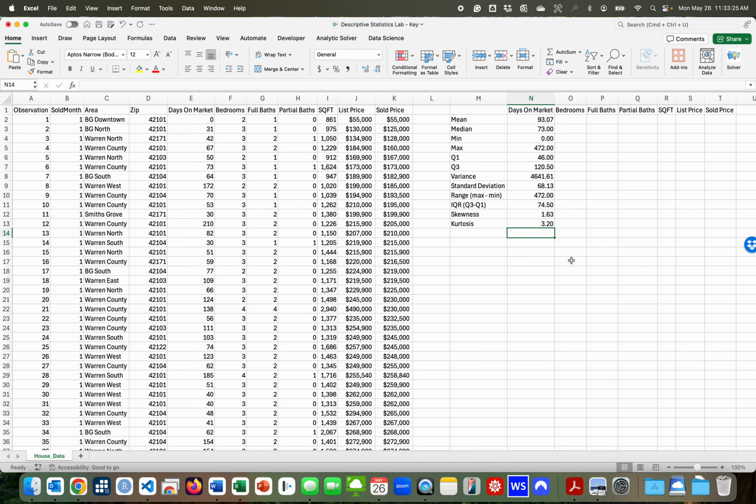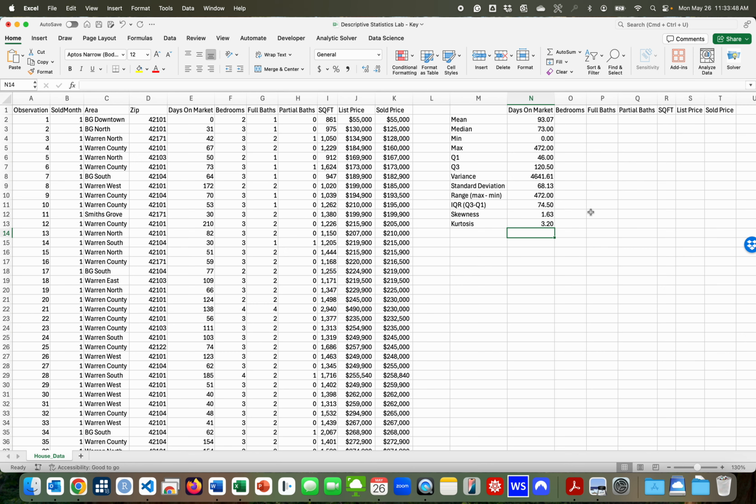So if you have a kurtosis that is positive, it means there's more area in the tails of the distribution than the normal distribution would have. And if it's negative, you have less in the tails than a normal distribution would have.